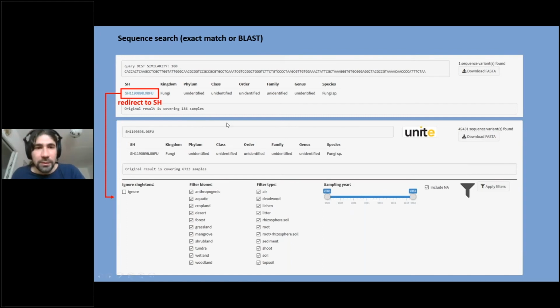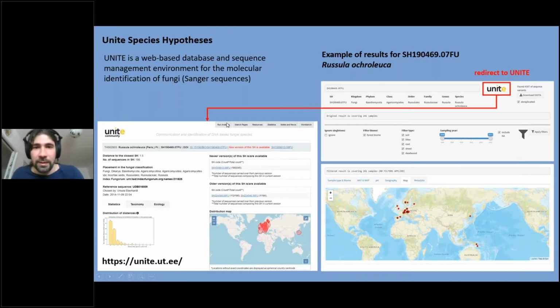So every known fungus has this species number if it was in the UNITE database.